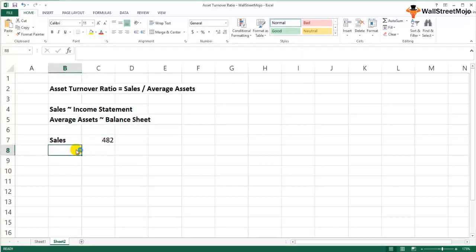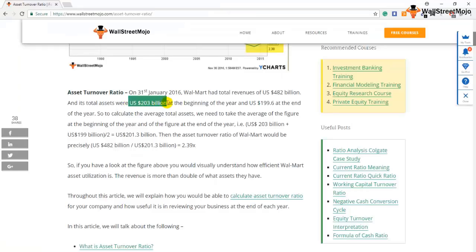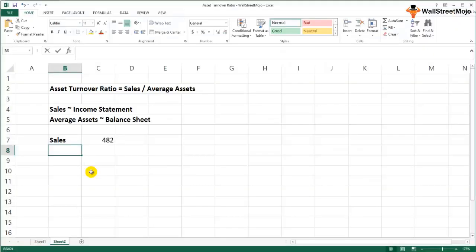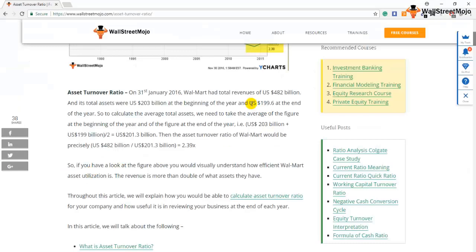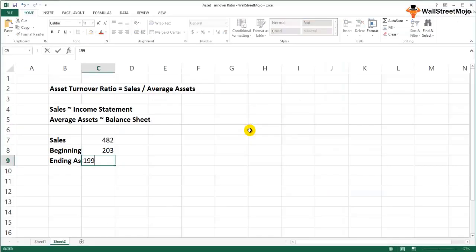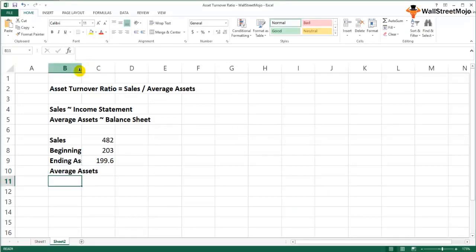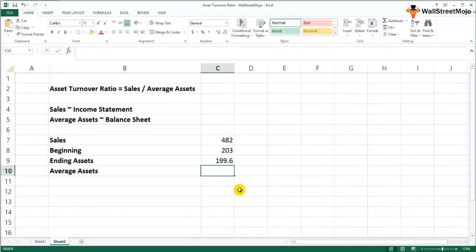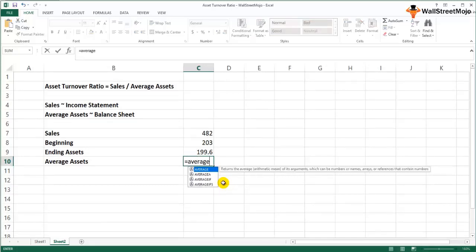The asset size for the beginning of the year is 203 billion, and the ending assets is 199.6. So what are the average assets? The average assets will be the average of these two, the beginning and the ending.